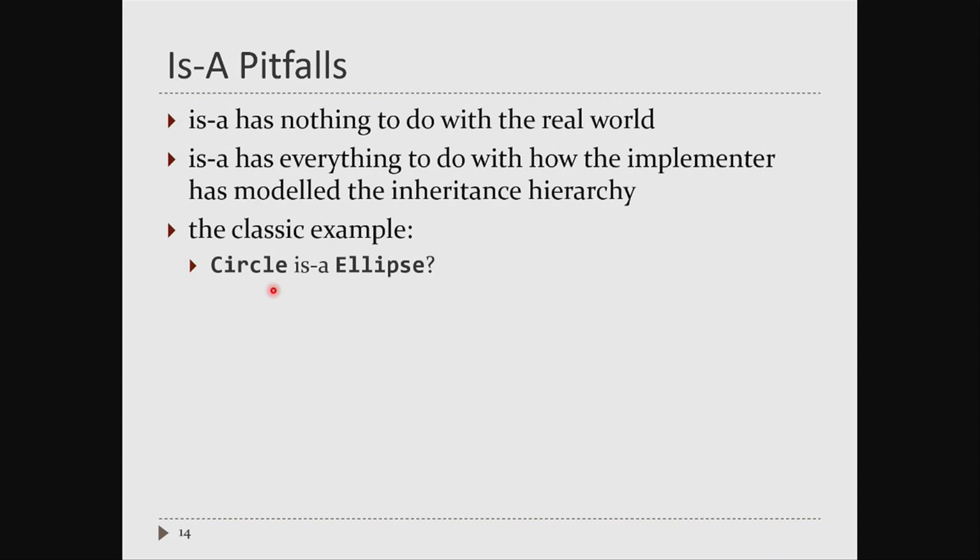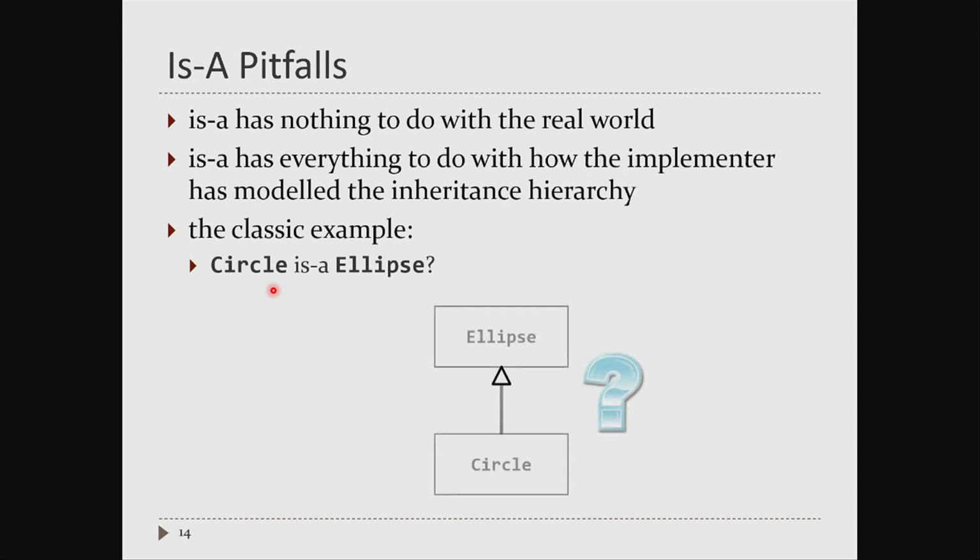You can imagine you're creating an inheritance hierarchy of shapes. Somewhere at the top you've got a class called shape. Underneath that you have a subclass called ellipse. And then underneath ellipse you might be tempted to create the subclass circle. So that's the question you have to ask: when you go to do this, do I really want to do this?